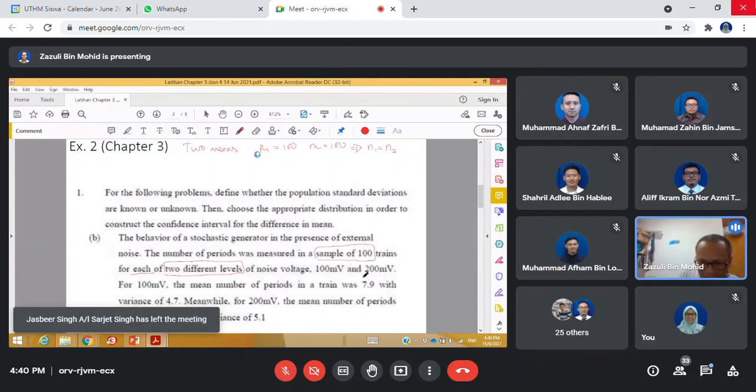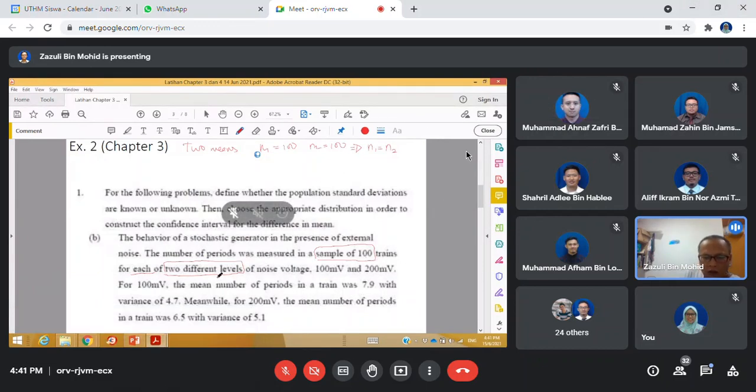Okay? 100 millivolts and 200 millivolts. This is the new measured sample of two-level noise of voltage 100 and 200. Okay, for N1 for the sample, for one is we have 100, we have 2 is 200. For 100 millivolt, the mean number of period was 7.9.